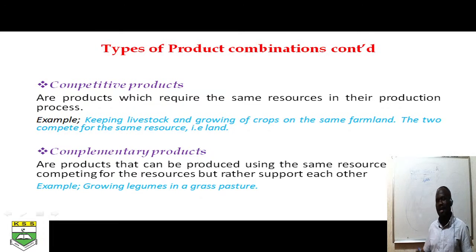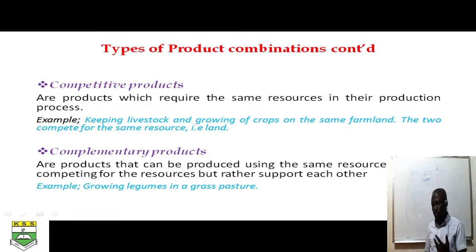The crops and the animals are competing for the same resource, and in this case the resource is the land. So competitive products are products that require the same resources in their production process. There is no way you can increase the production of one without reducing or interfering with the production of the other.